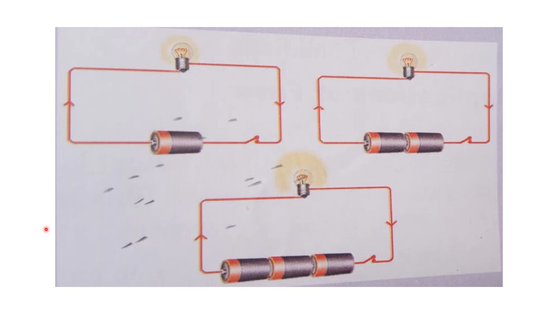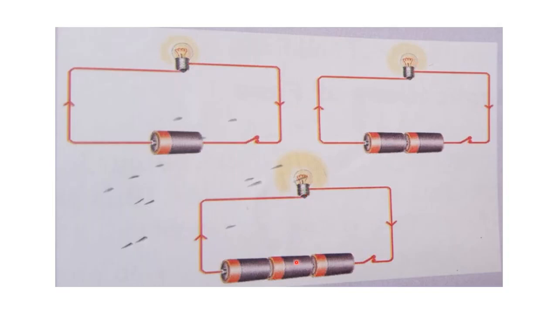Students, as directed in these steps, we are required to make 3 circuits. The circuit will have basic components like cell, bulb, and switch. You can see in all these 3 circuits, the components are same.